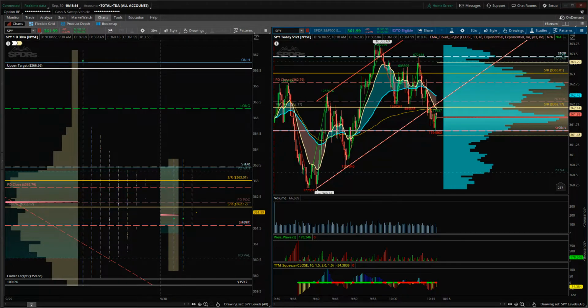Probably should have given it a slightly more generous stop loss below the overnight low. Yup, I should have given it a more generous stop loss. That's a pain in the butt.